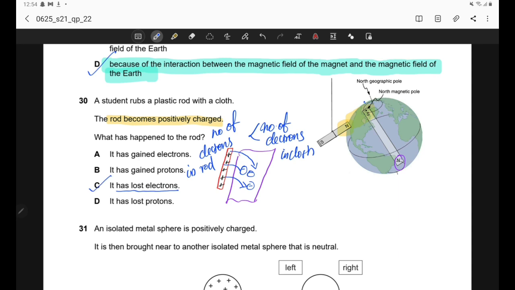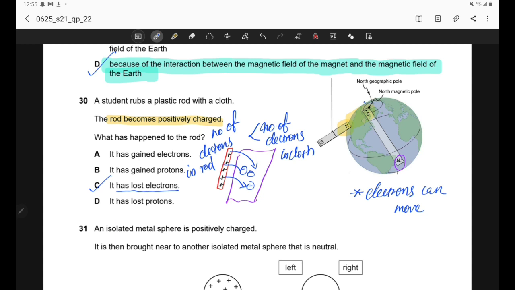Here, the first important point you need to know is that losing electrons will make an object positively charged, and only electrons can move. Negatively charged electrons can move, not the protons, as protons stay inside the nucleus. Positively charged protons cannot move from one object to another, but the negatively charged electrons will be moving.